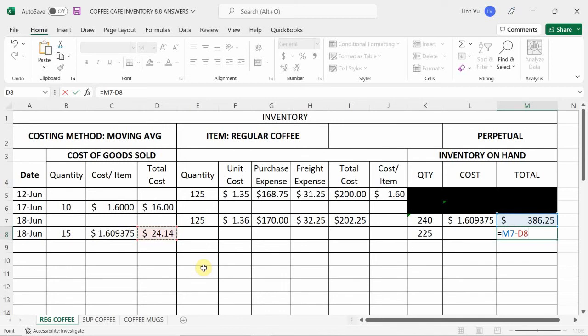And then what is my new total cost? If I started out with $386.25 and I just sold $24.14, I'm asking you to calculate the total cost.